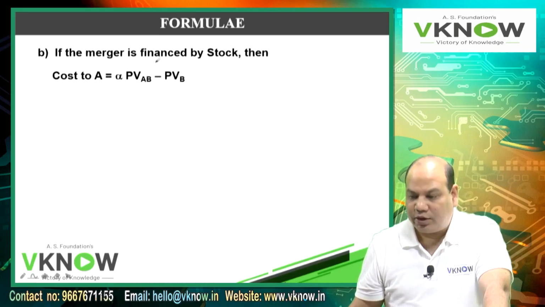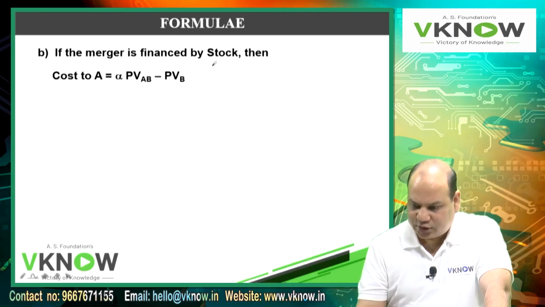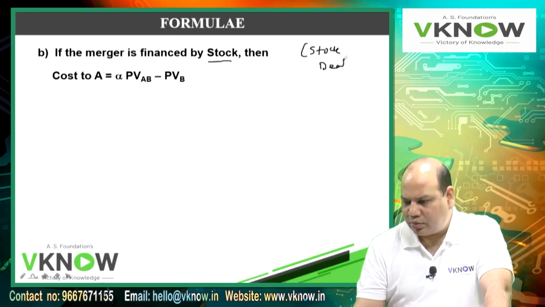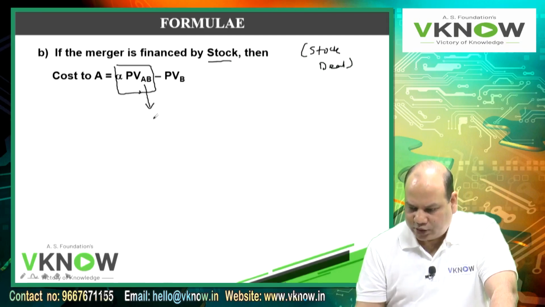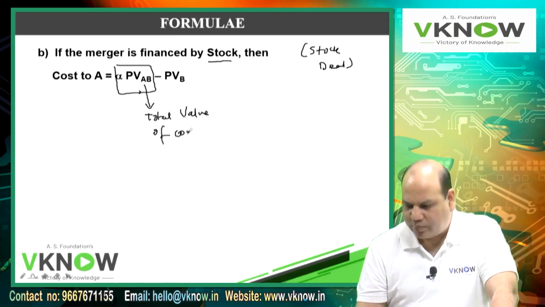If the merger is financed by shares, that is a stock deal. Same logic, but here what we have paid to the target company is alpha multiplied by PV of AB. That is the total value of the combined entity.